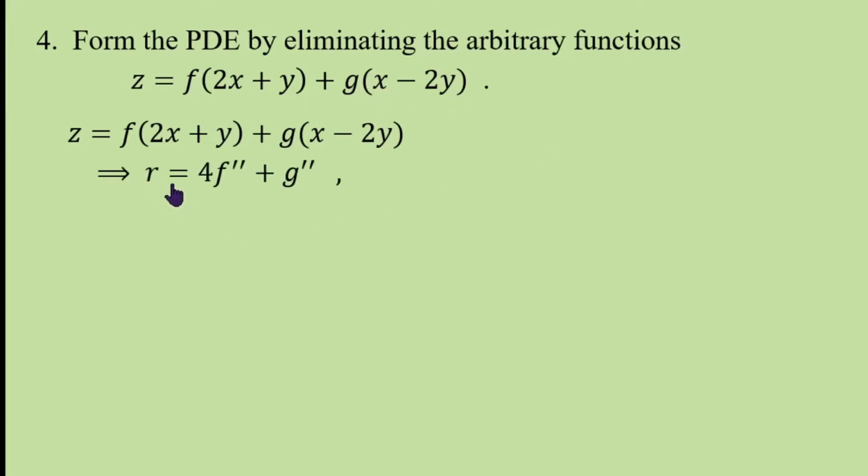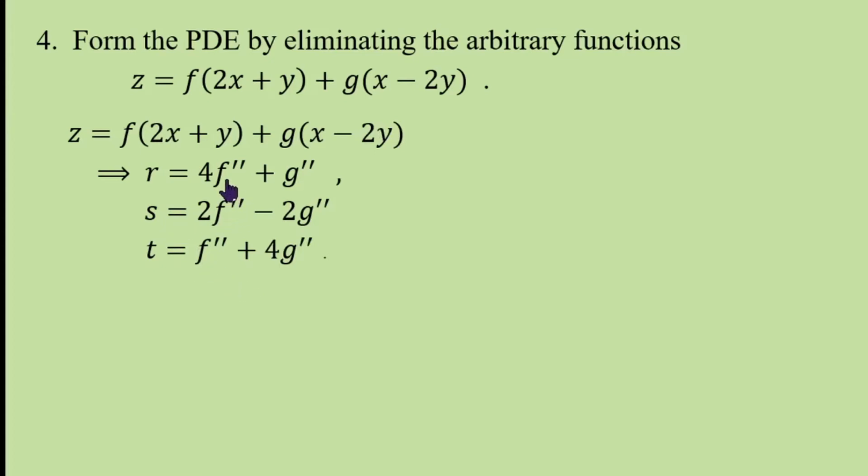In short form, r equal to 4f double dash plus g double dash, and s is 2 into 1, that is 2f double dash, 1 into minus 2, so minus 2g double dash. And t, the coefficient of y is 1, so t, meaning ∂²z/∂y², equals 1f double dash plus 4g double dash.